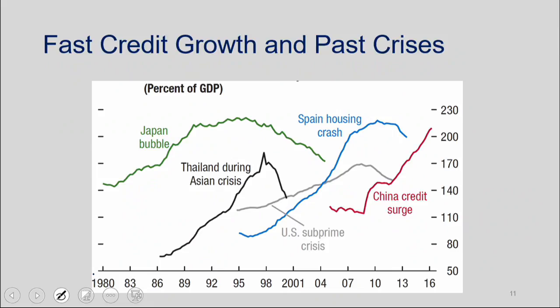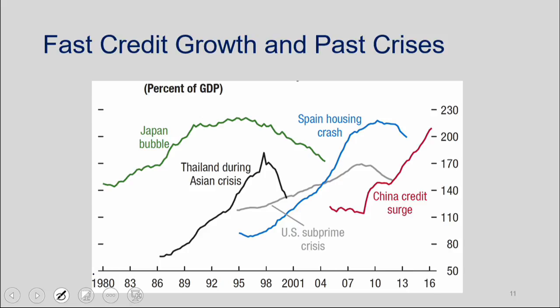So this is a chart from that, and what it shows basically is that all the recent crises, Japan, Thailand, Spain, United States, seem to be preceded by a big run-up in private sector credit. Credit to GDP rises very sharply.